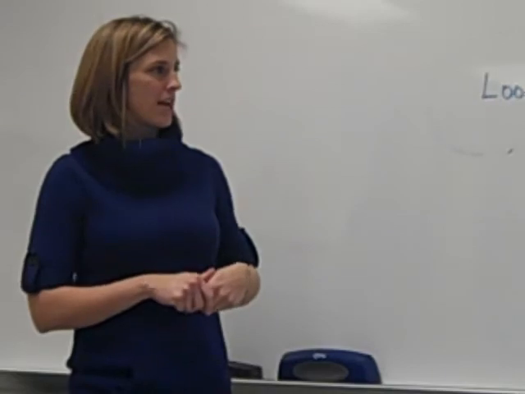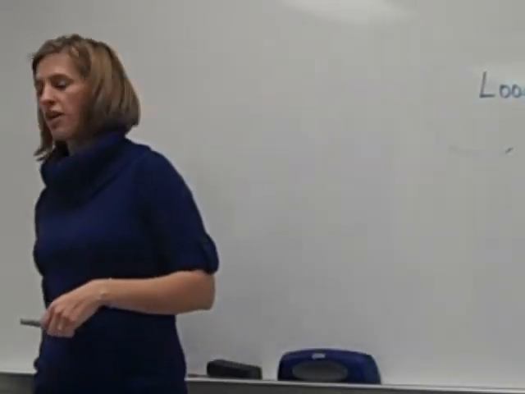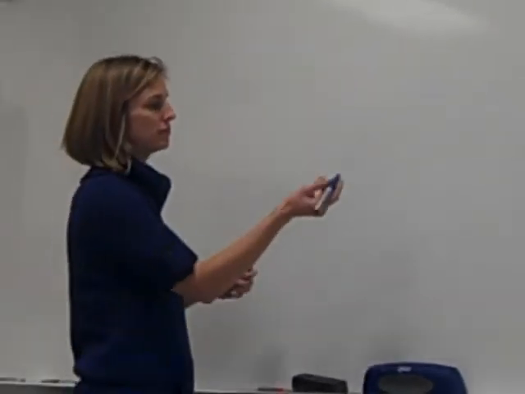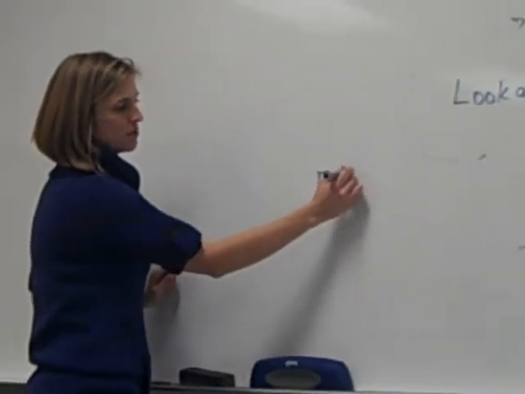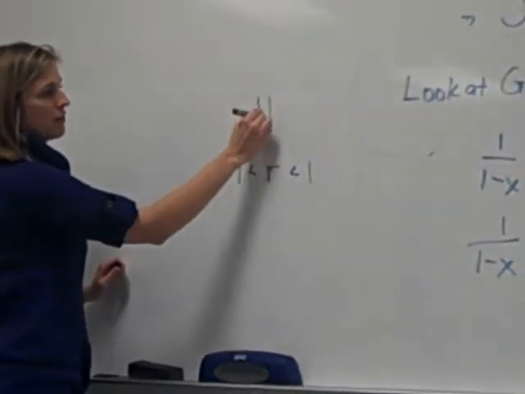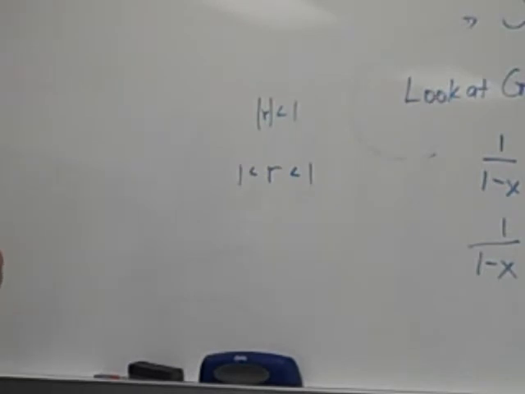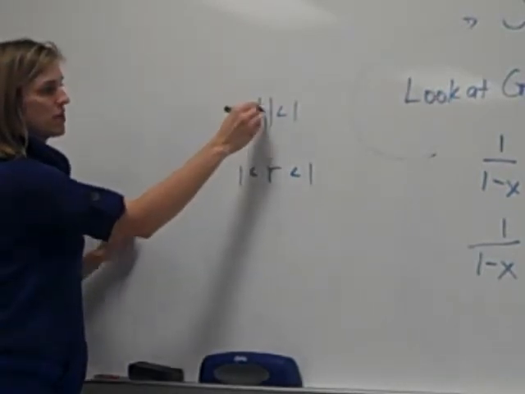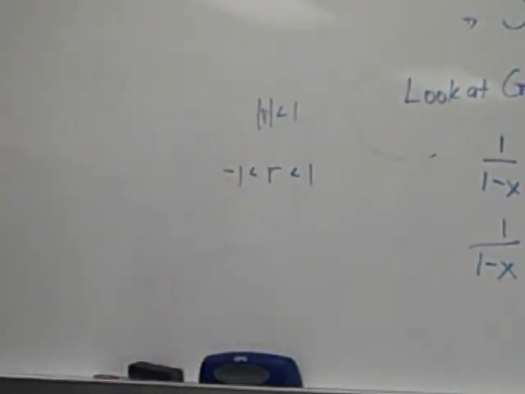Now to back up for a second, what did we say has to be true about r for it to converge? r's got to be between 1 and -1, right? We said the absolute value of r has to be less than 1. So that means that r has to be between -1 and 1.